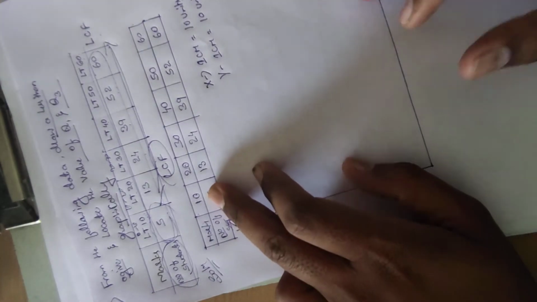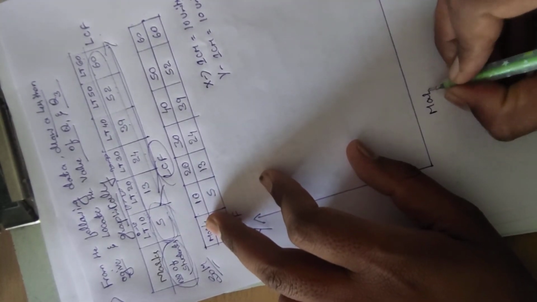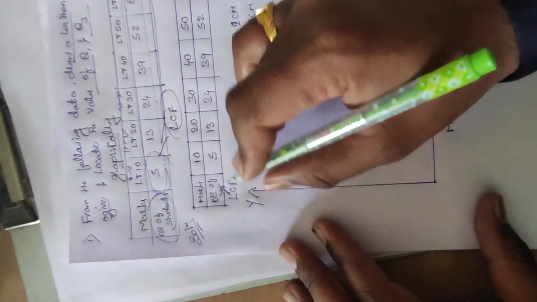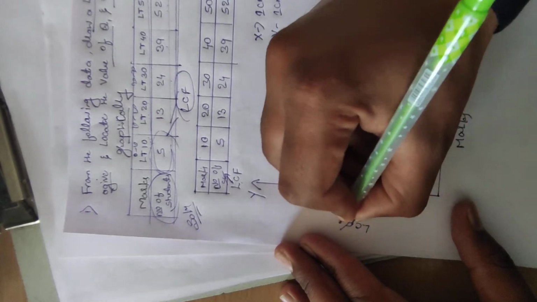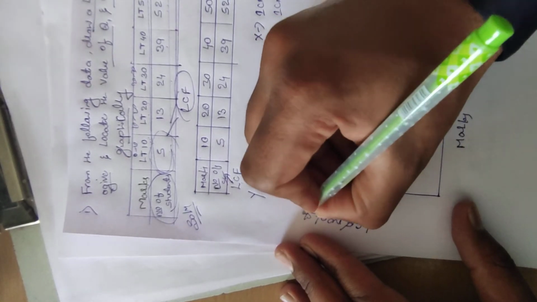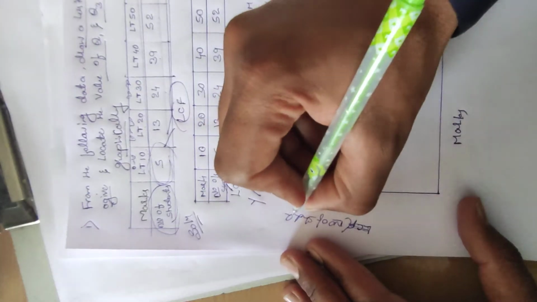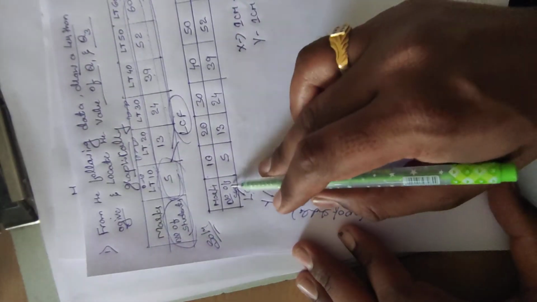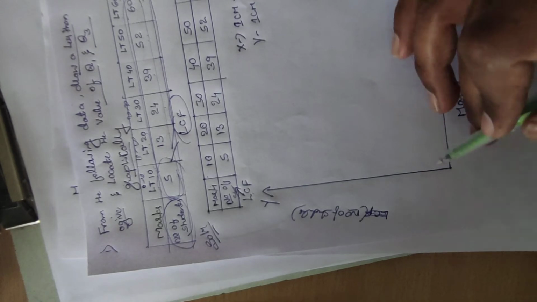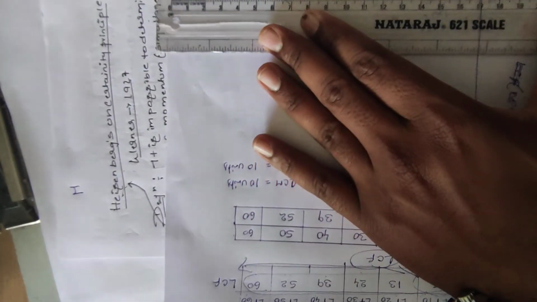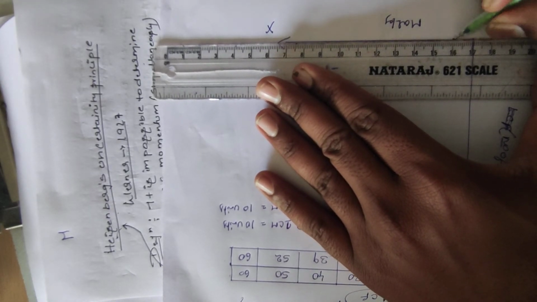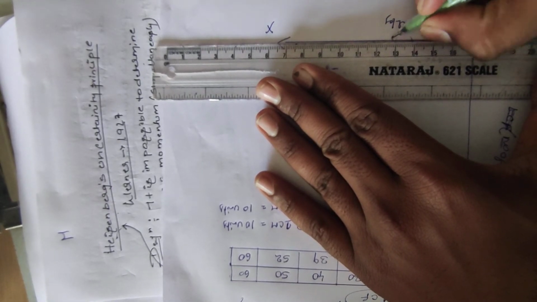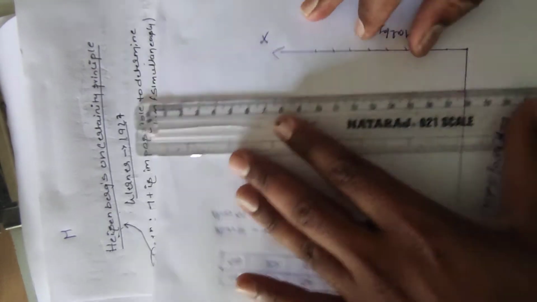Okay students. First, marks on the x-axis. The y-axis is the LCF, or number of students. No need to write LCF here, just number of students. Here also 1 centimeter is equal to 10. On the x-axis I will mark 1 centimeter each: 1, 2, 3, 4, 5, 6, 7, 8.